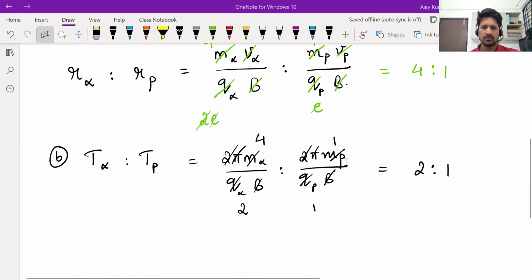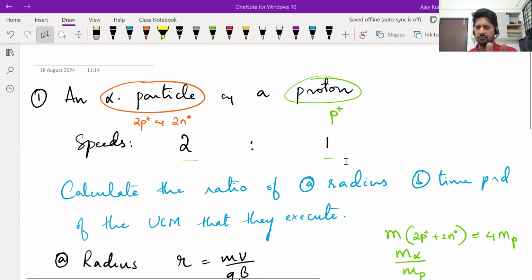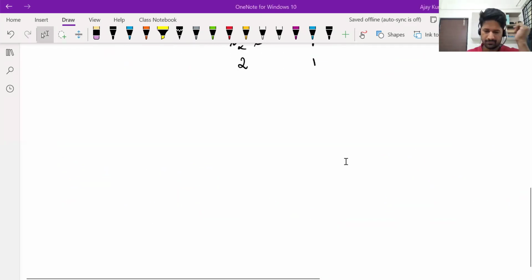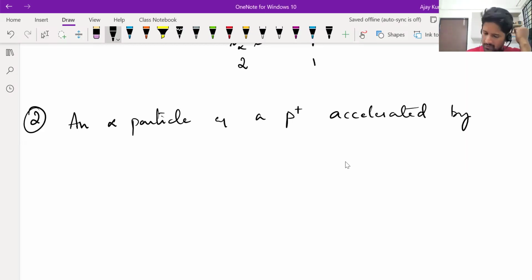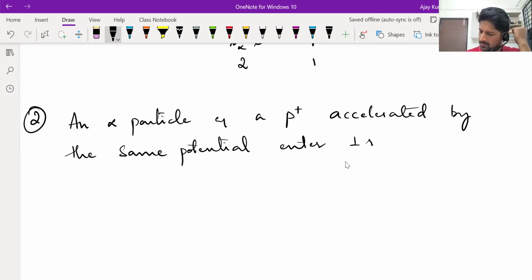Now see, this is one way of asking. Such questions are very common. Another way of asking the question: an alpha particle, observe the question carefully, and a proton accelerated by the same potential enter perpendicular to a uniform magnetic field.